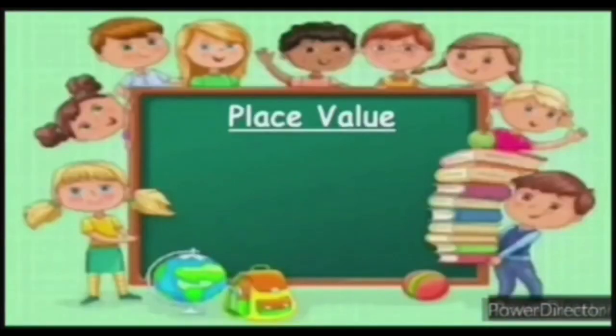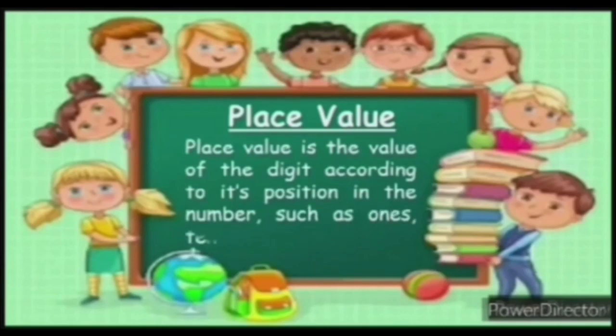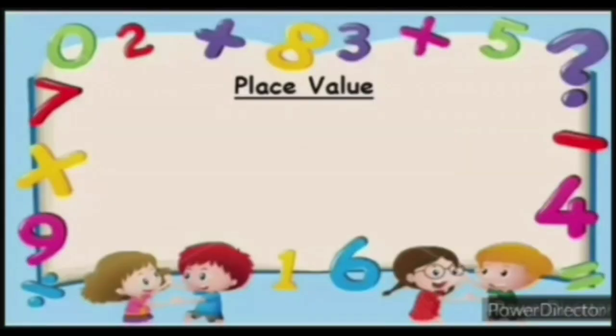Let's begin with place value. What do we mean by place value? Place value is the value of the digit according to its position in the number, such as ones, tens, hundreds, etc. For example, let's take 275.